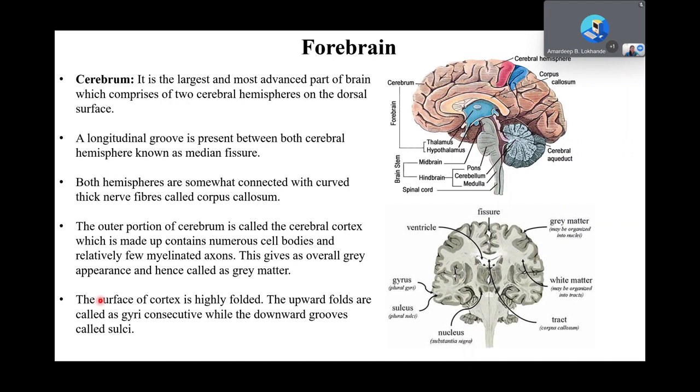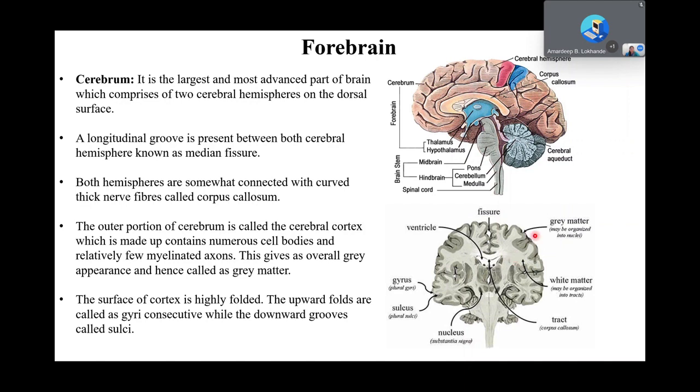So these are cell bodies which will look gray when you look at them anatomically. If you see here in the picture, all these dark colored sections are called gray matter. These are outside. And then on the inside, you have the material called white matter, which has myelinated axons.